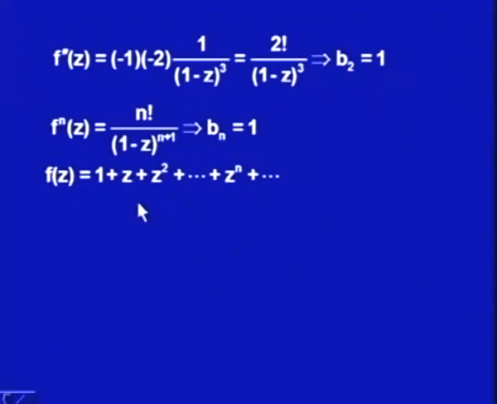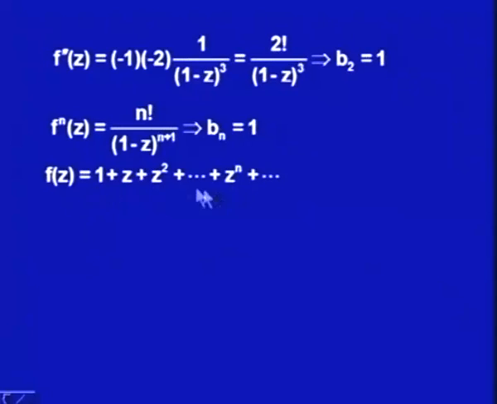Further, we have seen that this series converges to 1 over 1 minus z, because this is a geometric series. So, this is a unique representation: it is 1 over 1 minus z and its power series is this.